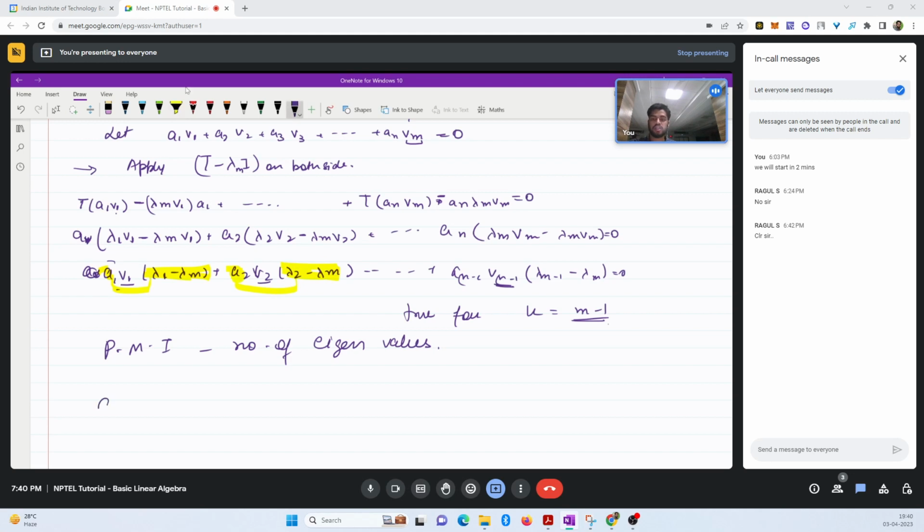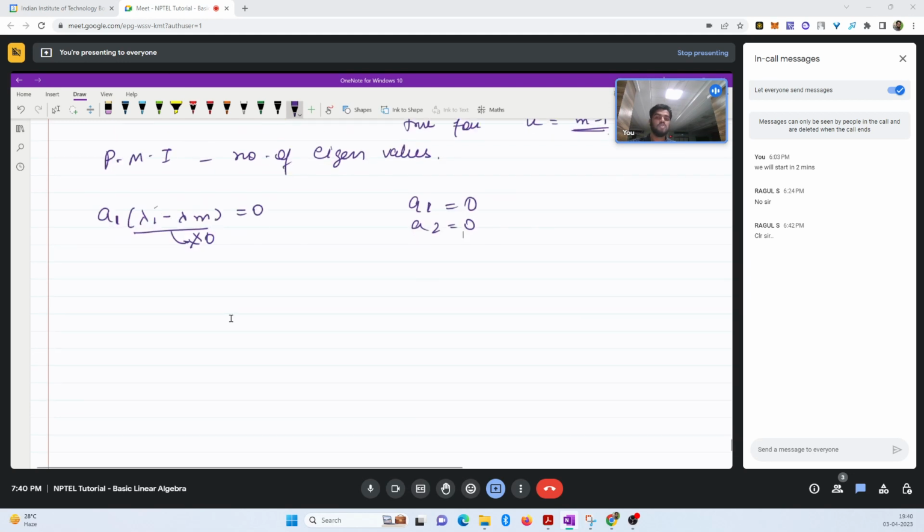So the first one says that a1 into (lambda 1 minus lambda m) is equal to 0. Now lambda 1 minus lambda m cannot be 0 because they are distinct eigenvalues. So what does this imply? a1 is equal to 0. Similarly, from the second one you can get a2 to be 0, and so on till a(m minus 1) you can get 0.